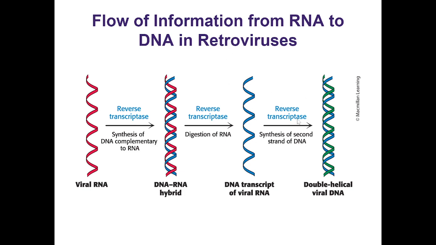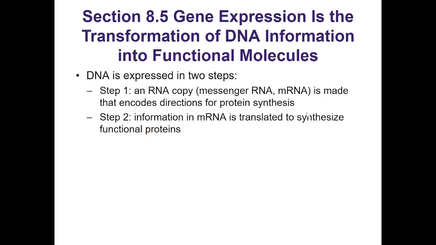Then we're going to have reverse transcriptase synthesize a second strand of DNA. At this point, the normal replication process would take over from here on, and will continuously replicate these DNA strands. Okay? Does anybody have any questions about that? Yeah, the overall diagram is pretty much what you expected, right?